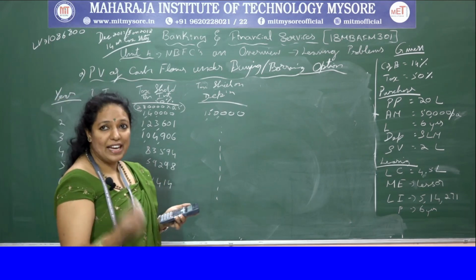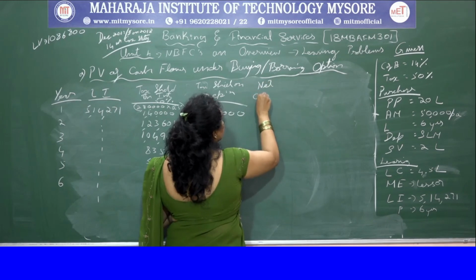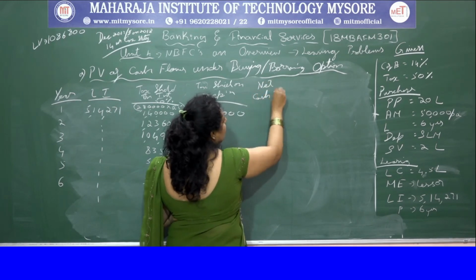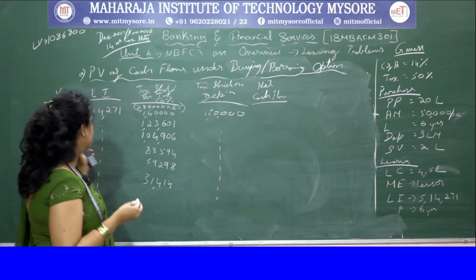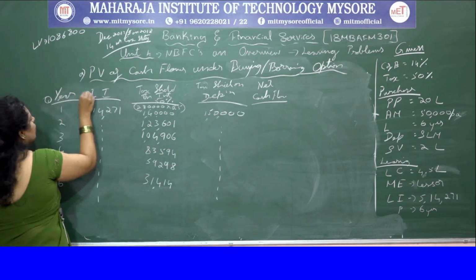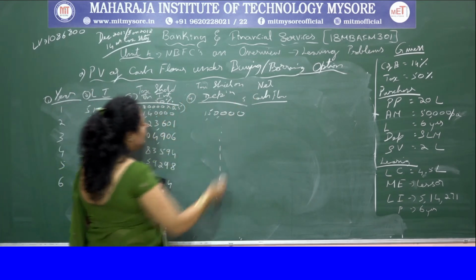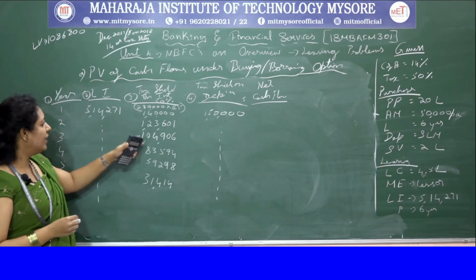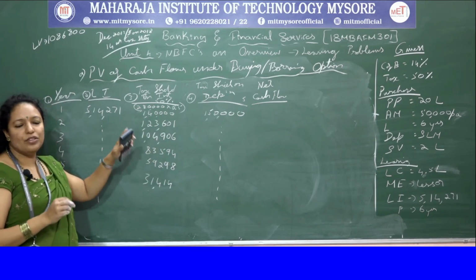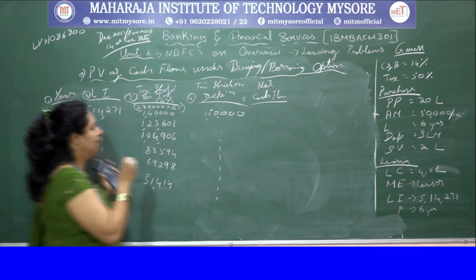Okay. Then you have net cash flow. If you name the columns 1, 2, 3, 4 and 5, for the fifth column you have to add 3 and 4, then deduct it from 2.